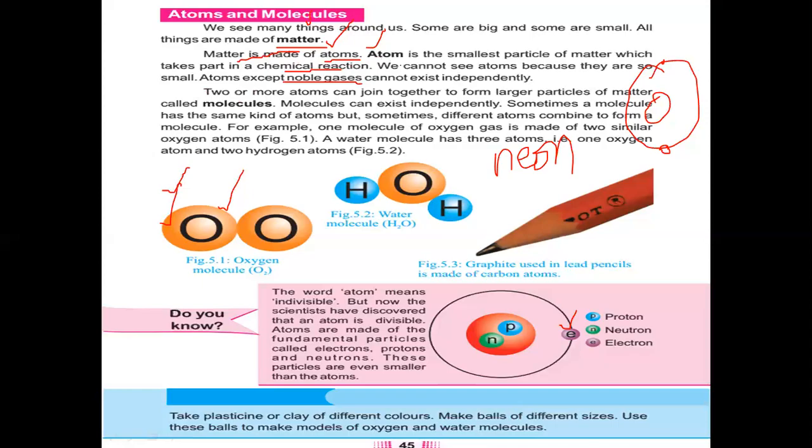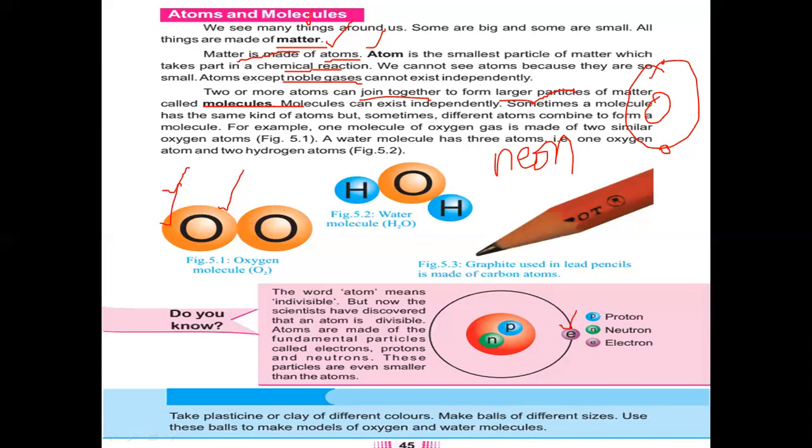When atoms combine together, they join together, they form larger particles of matter. They are called molecules. Atoms cannot exist independently, they cannot live freely, so they have to join with one another.